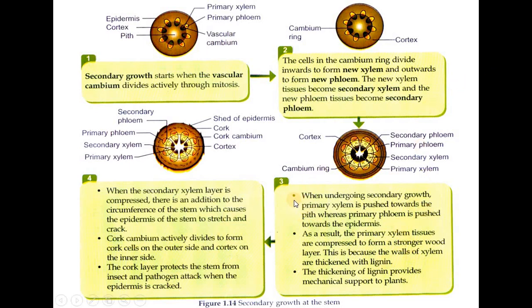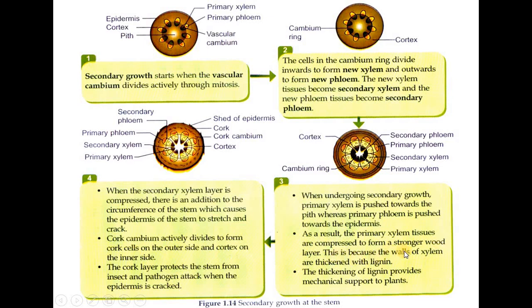The explanation: when undergoing secondary growth, primary xylem is pushed towards the pith, whereas primary phloem is pushed towards the epidermis. So the primary xylem is pushed towards the pith at the center, while the primary phloem is pushed towards the epidermis. As a result, the primary xylem tissues are compressed to form a stronger wood layer.